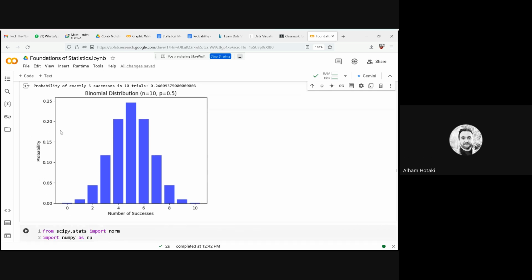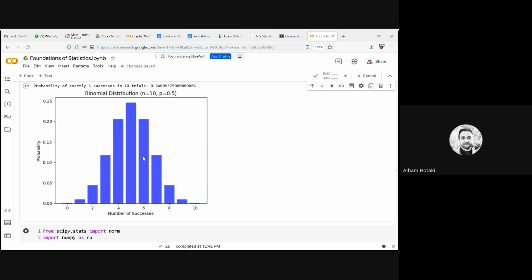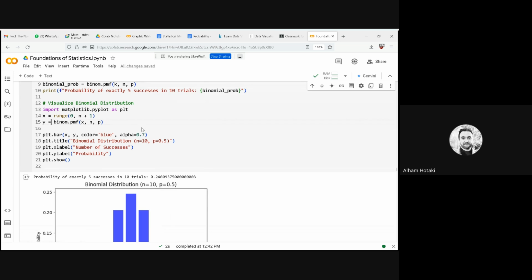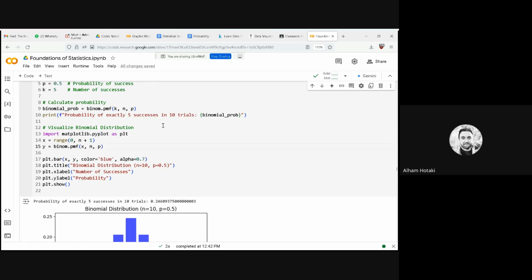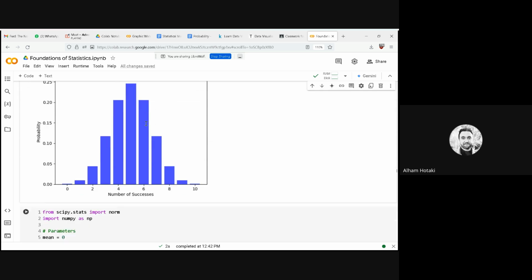Now look at this probability. This is the probability, 25%. The highest probability achieved is actually 24.6. So this is how binomial distribution works in each of these discrete events. Now, this is how you have independent events, and then you're looking at these independent events with separate probability values.